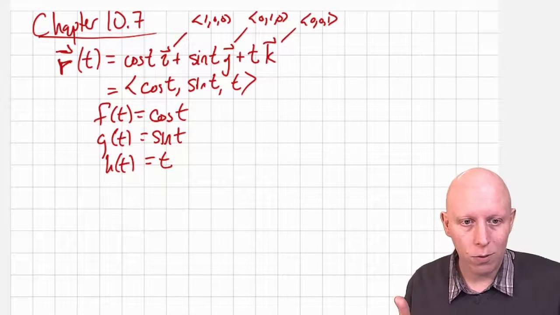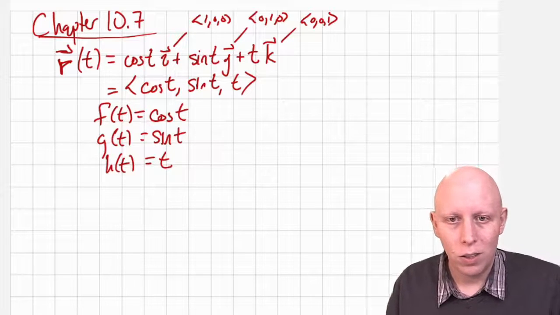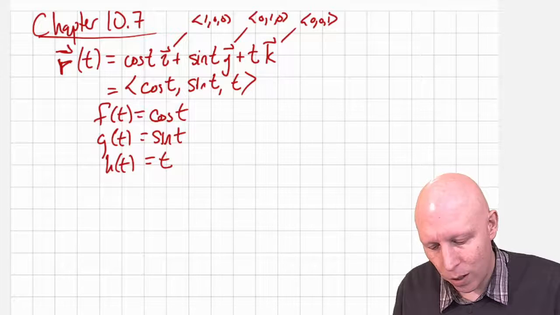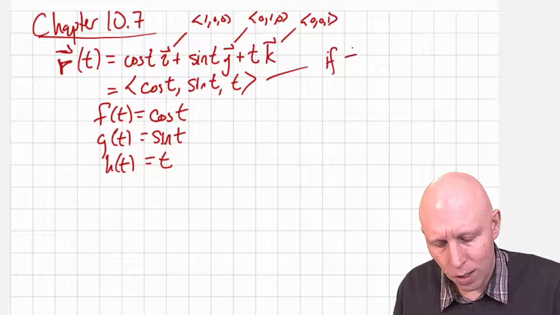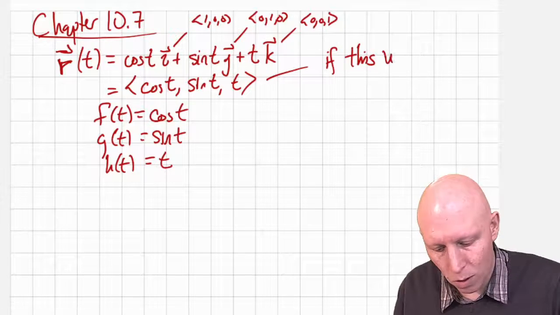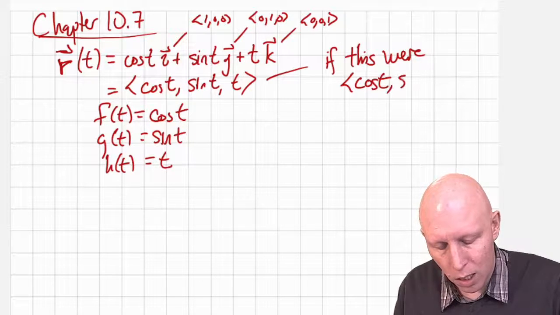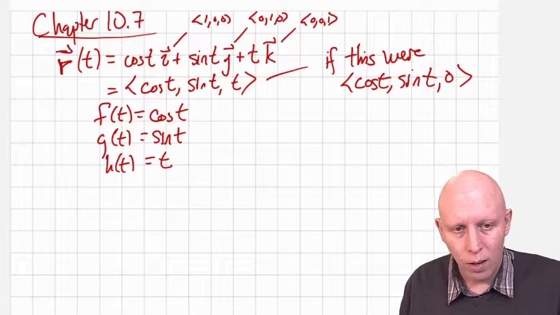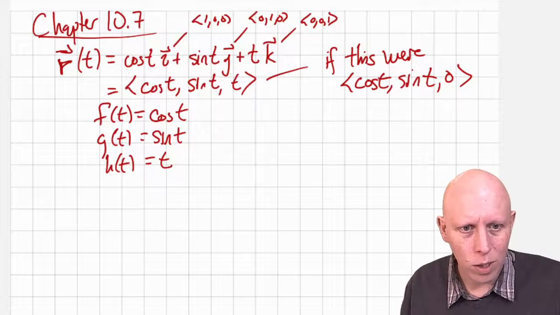If you just came from the previous video, this should look really familiar, because if this were instead the vector cosine of t, sine of t, comma 0, well, that looks a lot like the equation we just had.